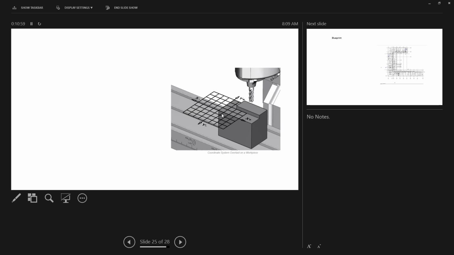Examples in life. There are many examples in life for using Cartesian coordinate system.